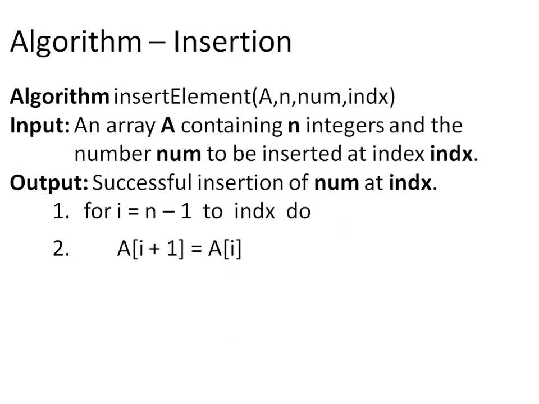The same has been done using line number 1 and line number 2. After the end of the loop, the value in num will be inserted at index position idx at line number 3. And this successful insertion will increase the number of elements in the array. Hence, n has to be increased by 1.